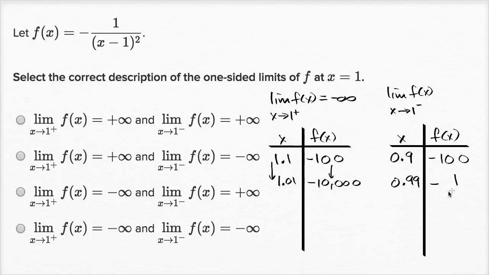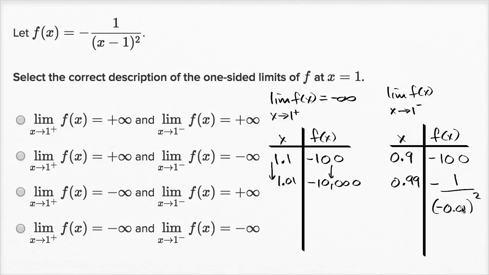This is going to be negative 1 over, so now I'm doing x is equal to 0.99. So I'm getting even closer to 1, but I'm approaching from below, from the left-hand side. So this is going to be 0.99 minus 1 squared. Well, 0.99 minus 1 is going to be negative 100th. So this is going to be negative 0.01 squared.